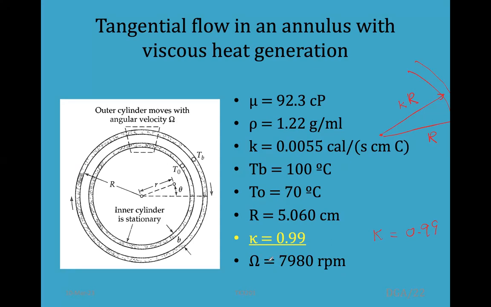And the angular velocity is also very fast. If you can imagine, this is 7,980 radians per minute, which is really fast. Of course, it's very understandable that because of the spinning, the fluid would also be heated up.